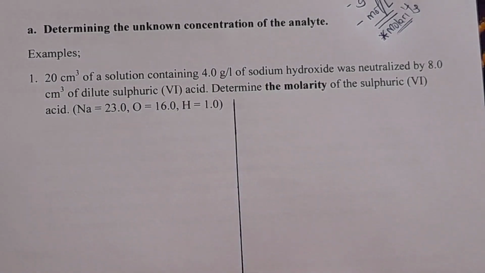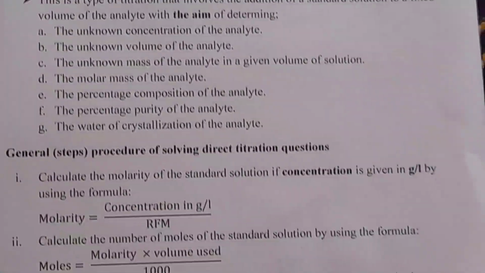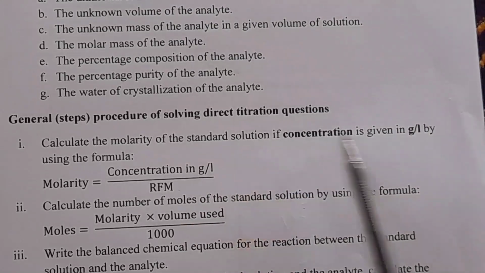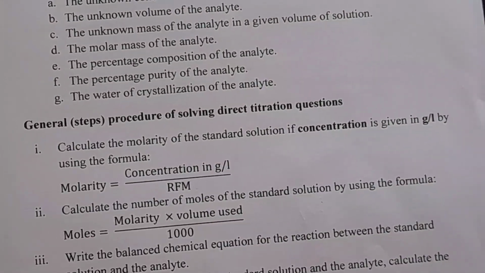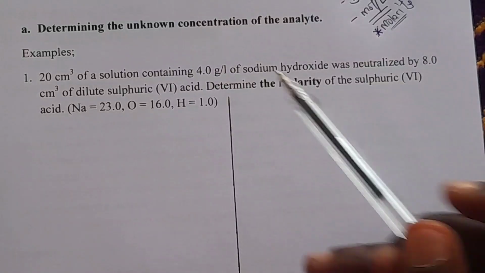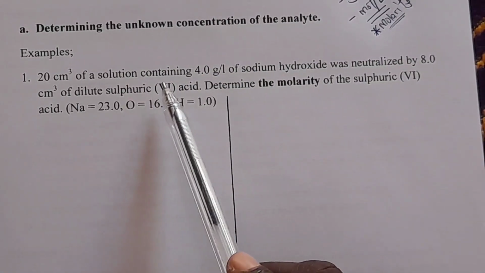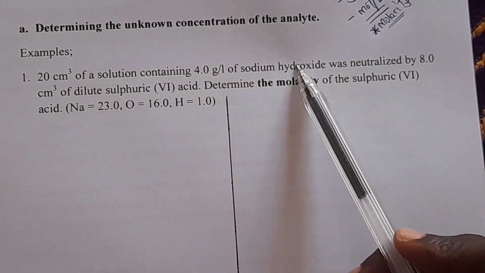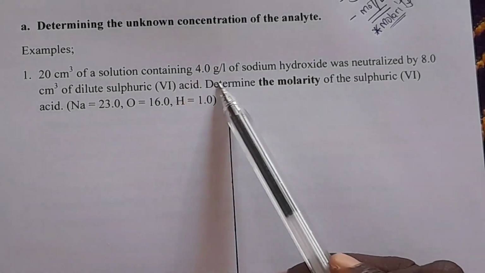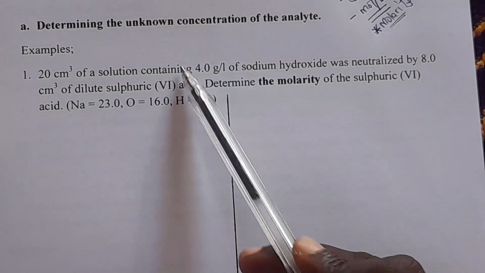So let us see which one is the standard solution. The first procedure is to calculate the molarity of the standard solution if concentration is given in gram per liter, by using molarity equals concentration in gram per liter over the RFM. In our case, the standard solution will be sodium hydroxide because its molarity can be found. Here you are given concentration in gram per liter, so you can get this molarity.